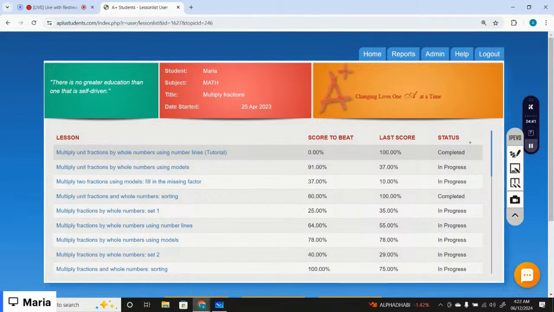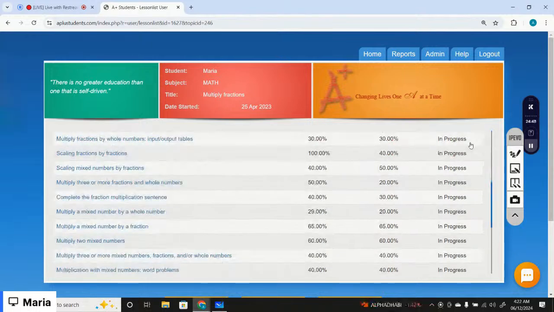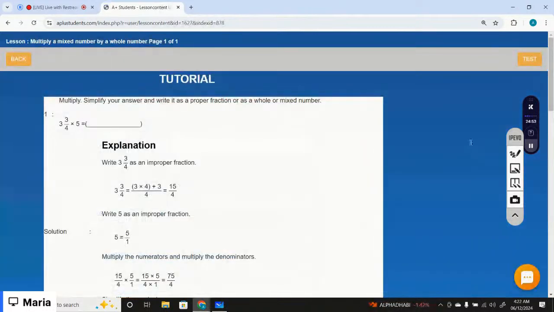The next lesson is multiply a mixed number by a whole number, that is 3 whole 3 by 4 times 5.